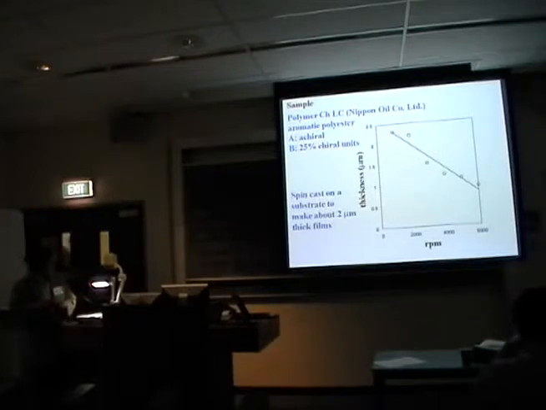For the thickness, we can tune the thickness by changing the speed of the spin coater, and we can make 1 micron to 2 micron thick cholesteric liquid crystal film.